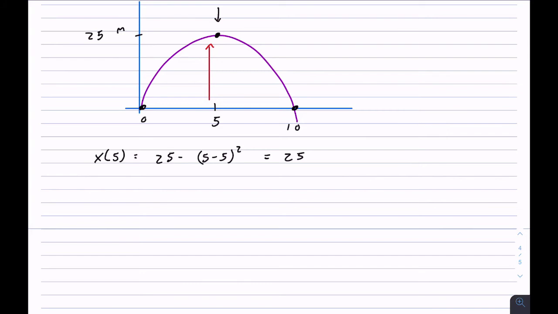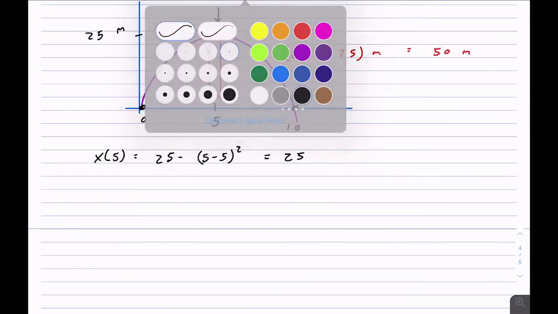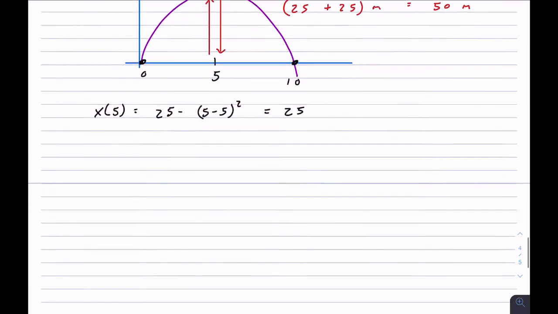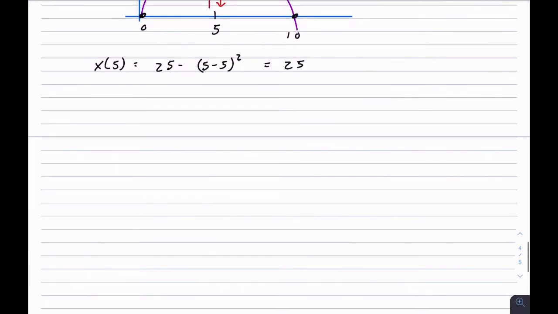That's on the first trip. On the second trip, we traveled back 25 meters. So we essentially traveled 25 meters twice, which gives us 50 meters. So the answer to how much distance has been traveled between those is not 0, it's actually 50 meters.